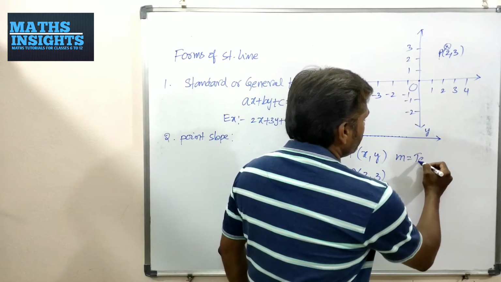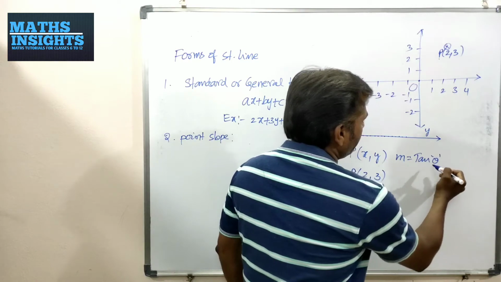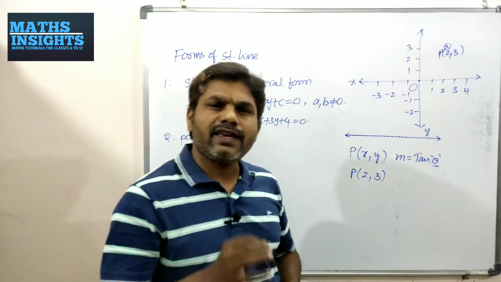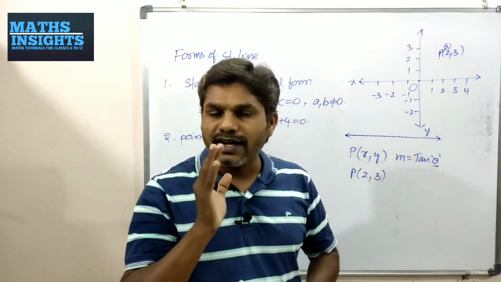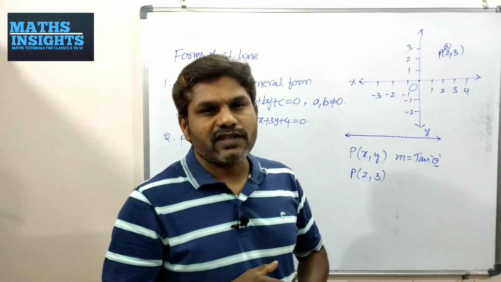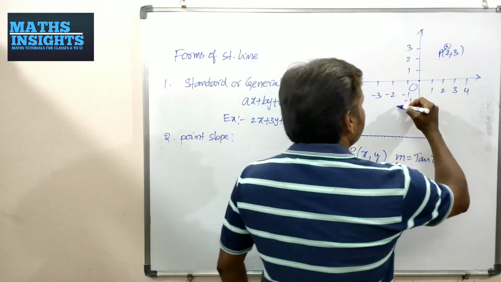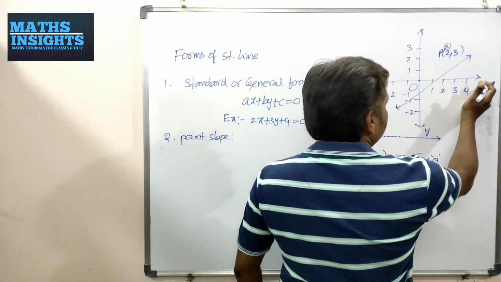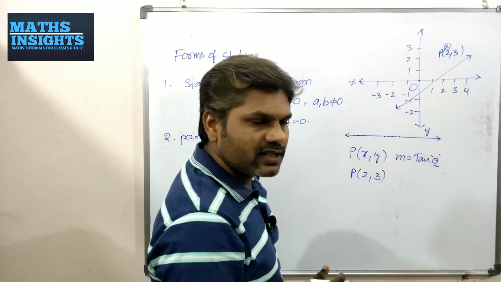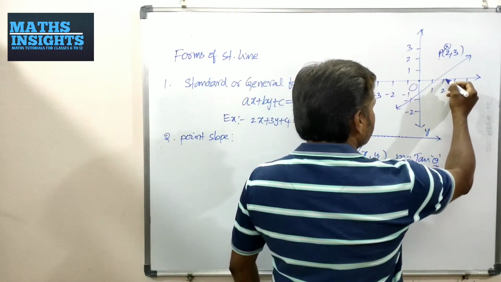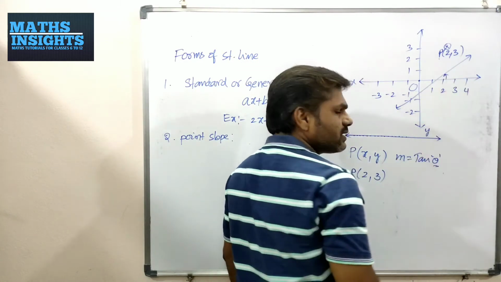Slope m is equal to tan theta, where theta is the angle made by the straight line with the positive x-axis in the anti-clockwise direction. Now I am taking a straight line here. This is the positive x-axis. Anti-clockwise direction means here you have to move like this.